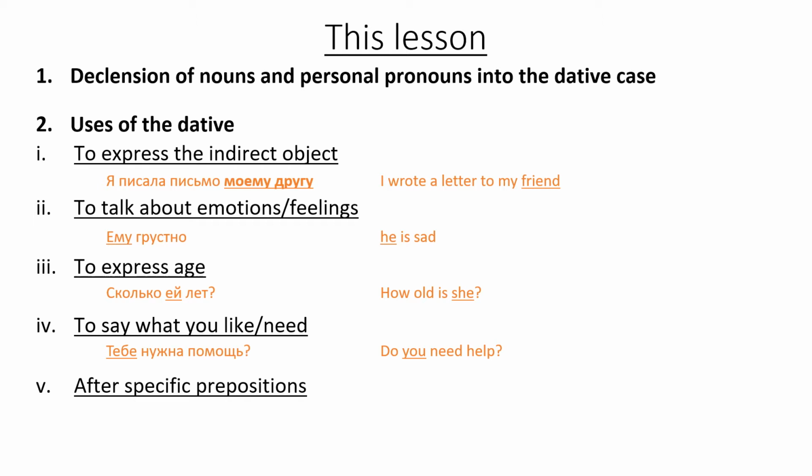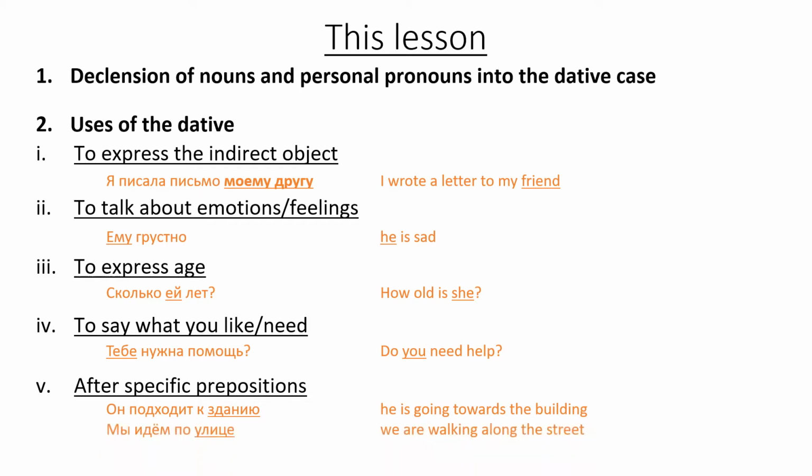So lastly, the dative case is used after specific prepositions which govern the dative case or require the dative case to be used. And we'll spend quite a bit of time towards the end of this lesson going through how to use those prepositions with the dative. So here we have two examples. Он подходит к зданию.